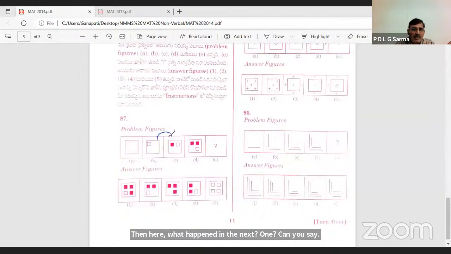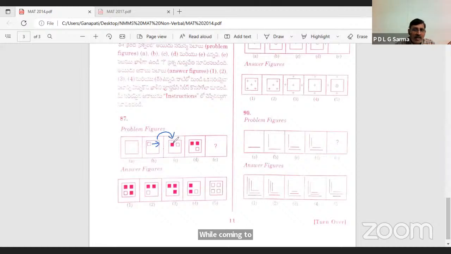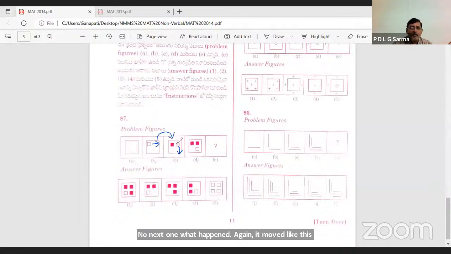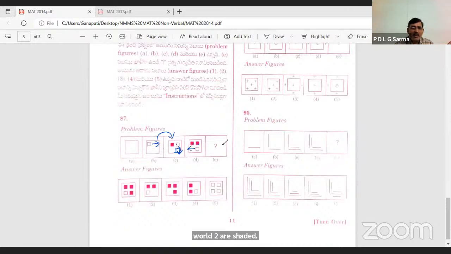Here the square is moved to the right and one more square is generated and it is shaded. Now in the next one, what happened again? It moved like this, meaning they are moving in the clockwise direction, a new square is generated and the old two are shaded. So next it has to move like this, and the previous three are to be shaded.